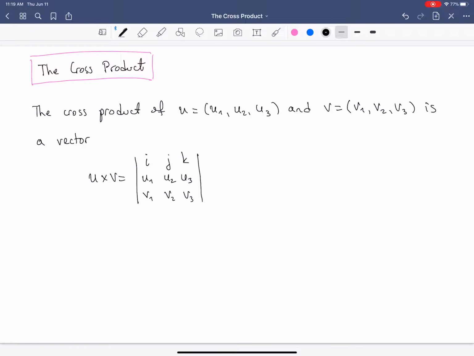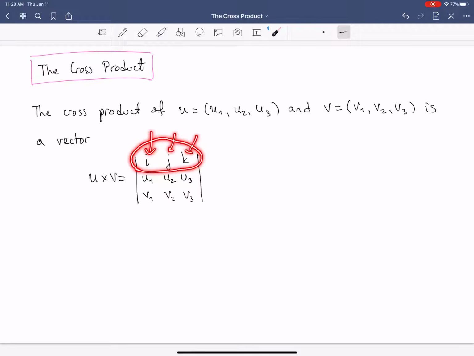Now here we use determinants to describe the formula. All of this is not truly valid, because when you write the determinant of a matrix, you need to have numbers or scalars as the components of the matrix. But here, the first row is actually vectors.